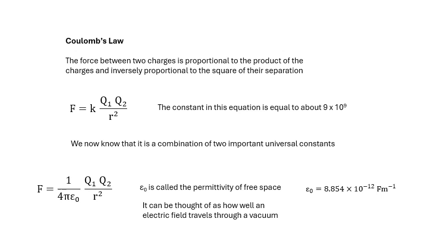When we do magnetic fields, there's another quantity, which is how well a magnetic field travels through a vacuum. That's called permeability. We'll meet that later. But F is 1 over 4 pi epsilon naught Q1 Q2 over R squared, and that's basically Coulomb's law as an equation.